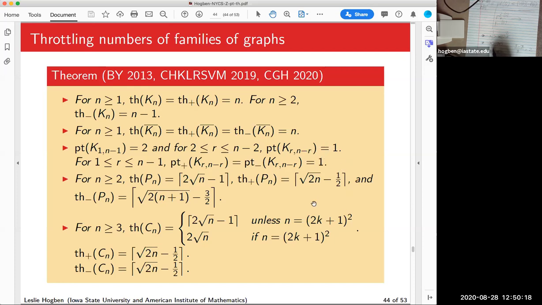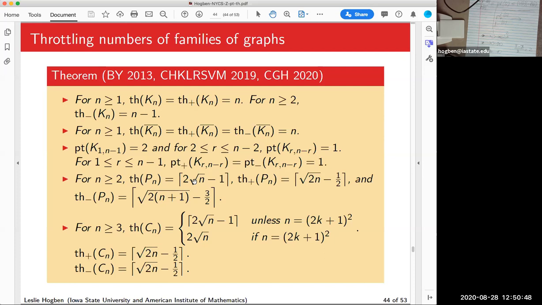Complete bipartite, path. But what's really interesting here is this, for a path, you have stuff related to order of root n. So in the case of standard, it is that lower bound that I described to you that's playing a critical role.